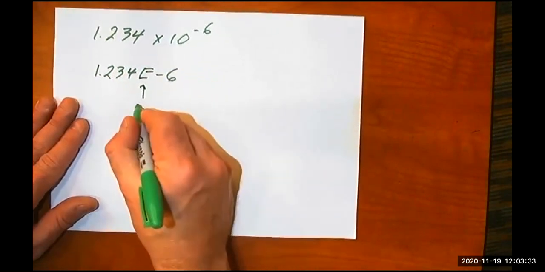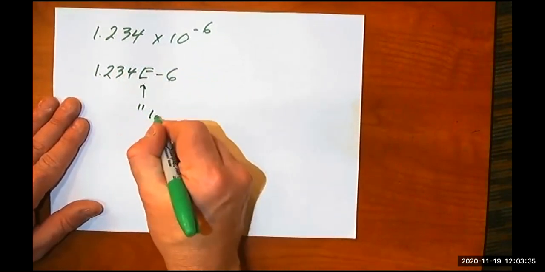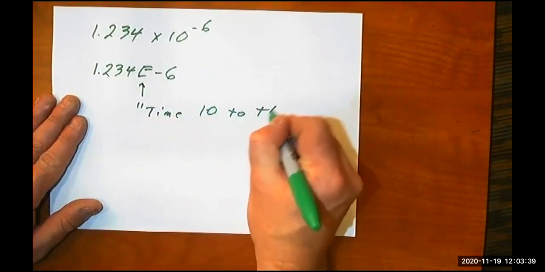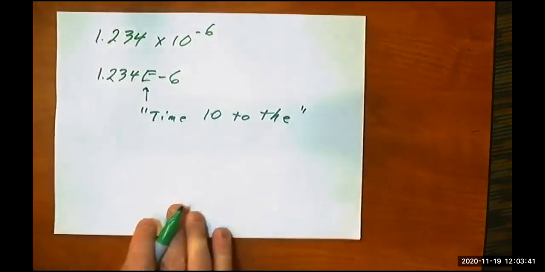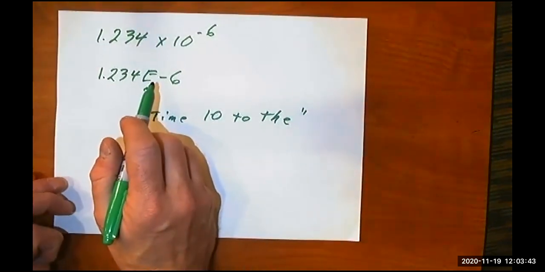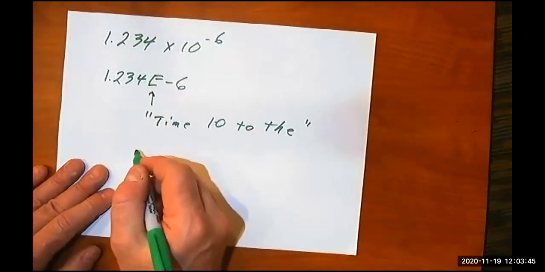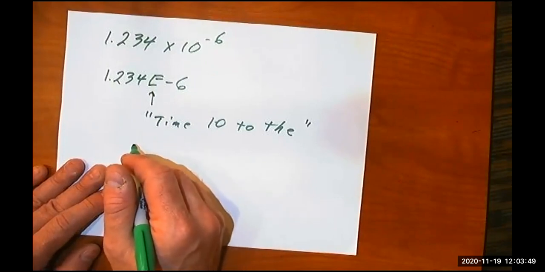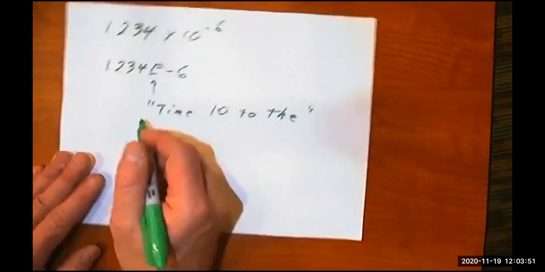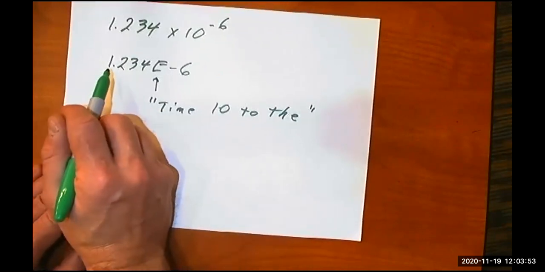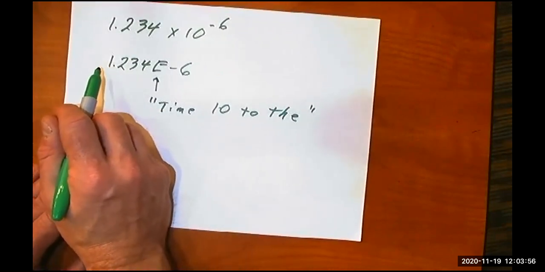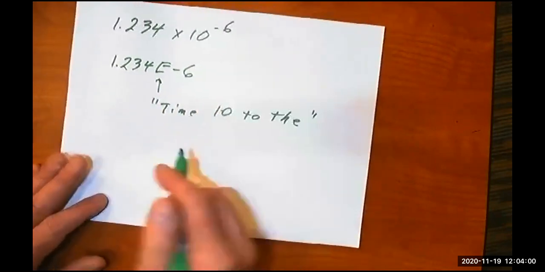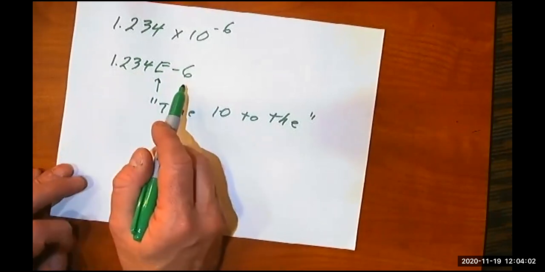Read the e here as times 10 to the. Okay. So I have it set so that the e can be either upper or lower case. I have it set so that if you need a plus sign at some point, you can either enter the plus sign or leave it off, but it needs to be in this format specifically.